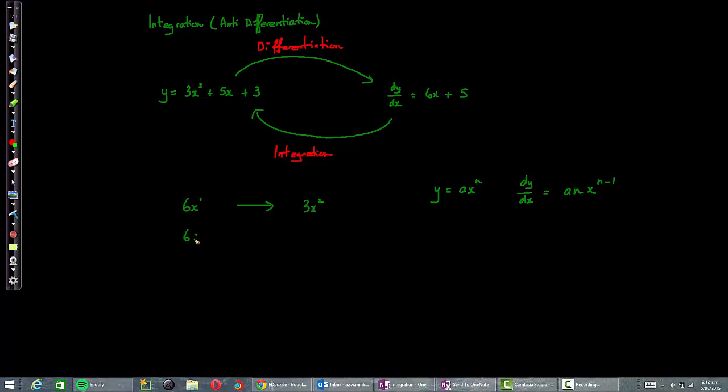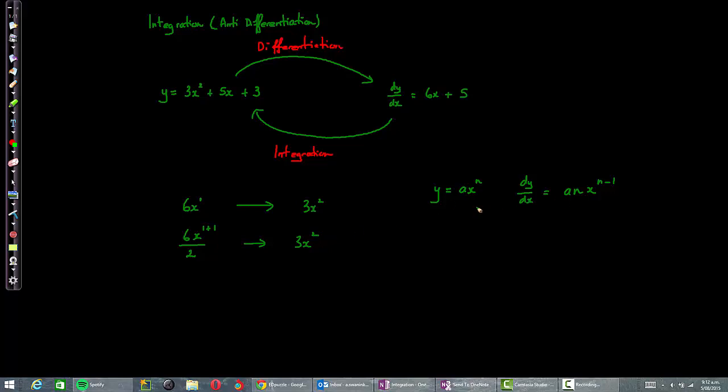So I'm going to add 1 to that power, and then if I want to get that 3 in front, I'm going to divide by this new power here. So if I do that, then we're going to end up with 3x squared.